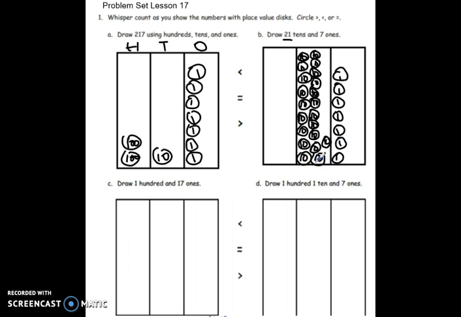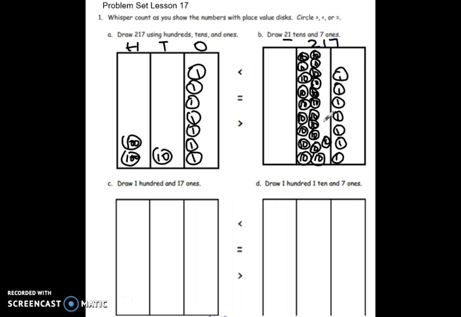So let's count up and see what our number is. So we have 10, 20, 30, 40, 50, 60, 70, 80, 90, 100, 110, 120, 130, 140, 150, 160, 170, 180, 190, 200, 210, 211, 212, 213, 214, 215, 216, 217.